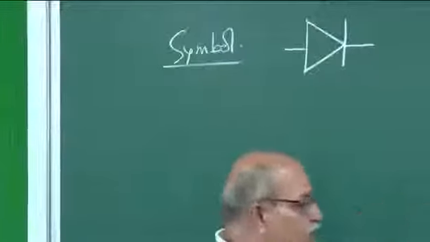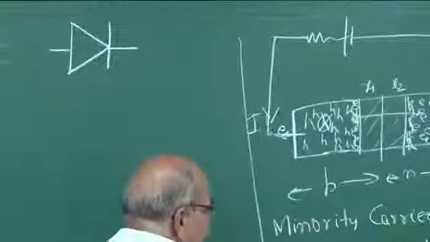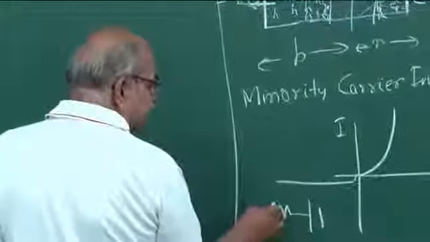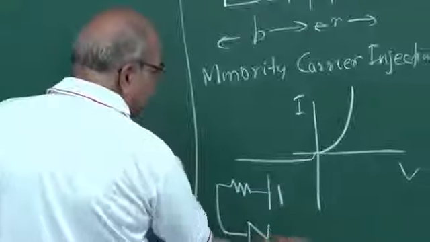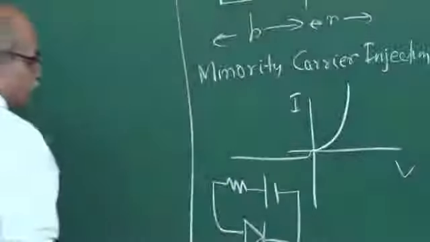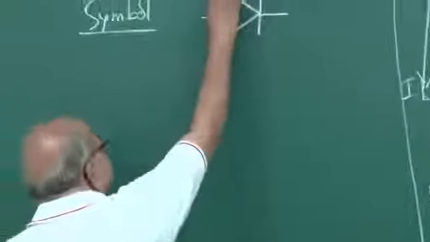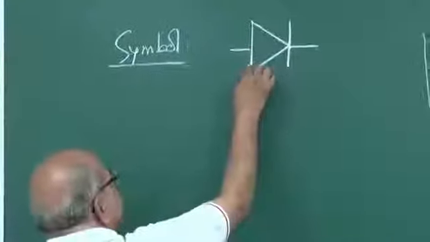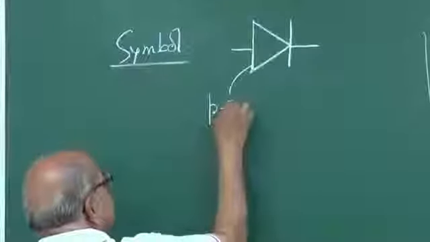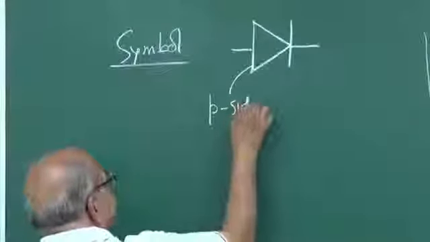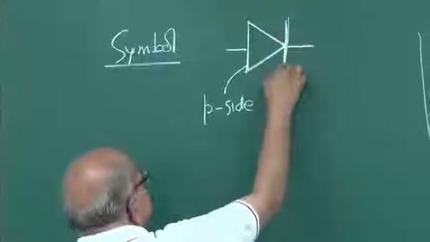So if I redraw this circuit, it will look like this. I have a cell, I have a resistance, and then I have a diode, like this. And in this symbol, this base side represents the P side, and this vertex and a line here represents the N side.